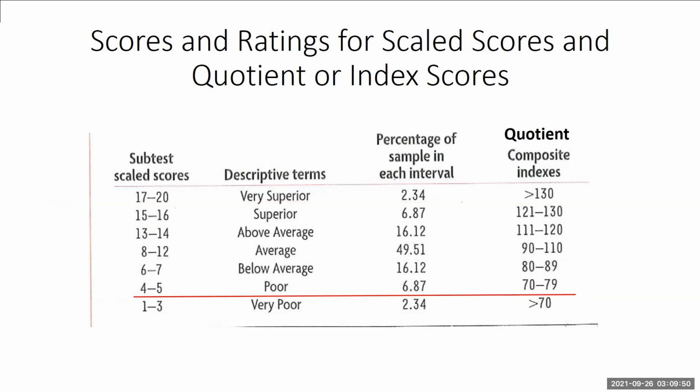The same rating would be assigned to a quotient or index score of 70 to 79. Likewise, a scaled score of 8 to 12 would be described as average, with close to 50% of the population scoring in that range, as well as an index score from 90 to 110.